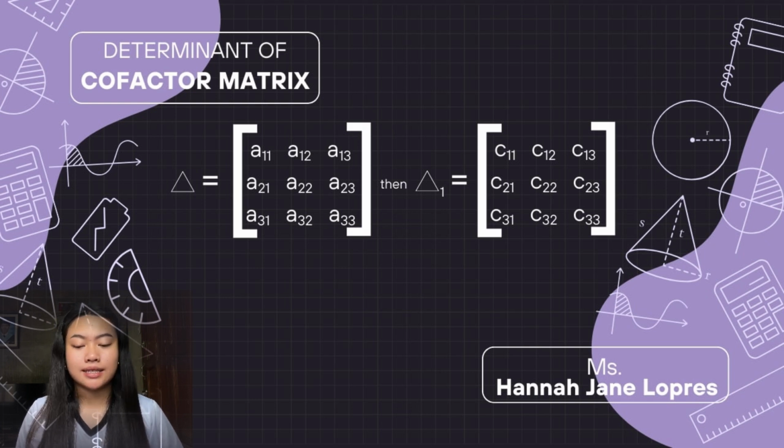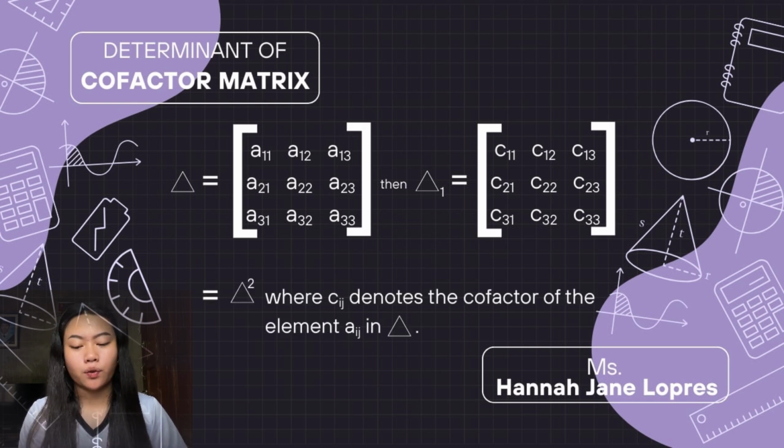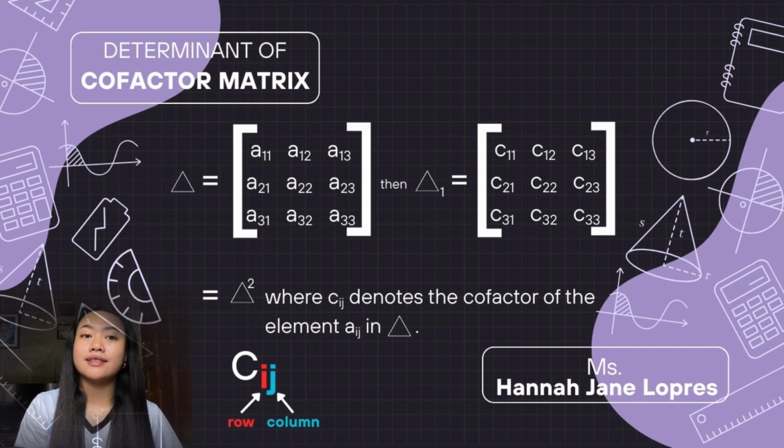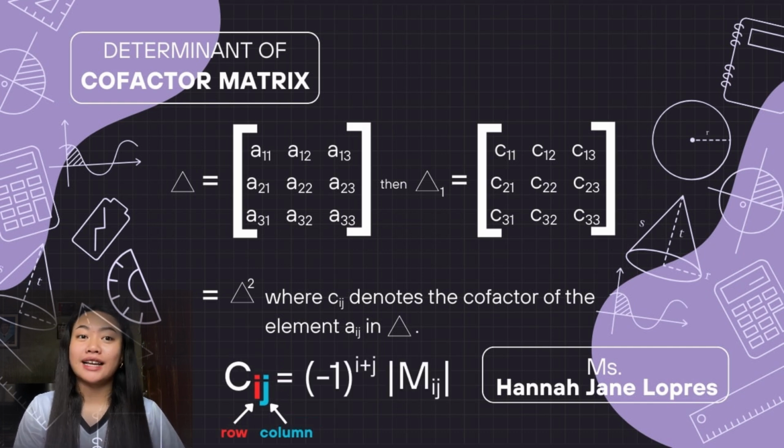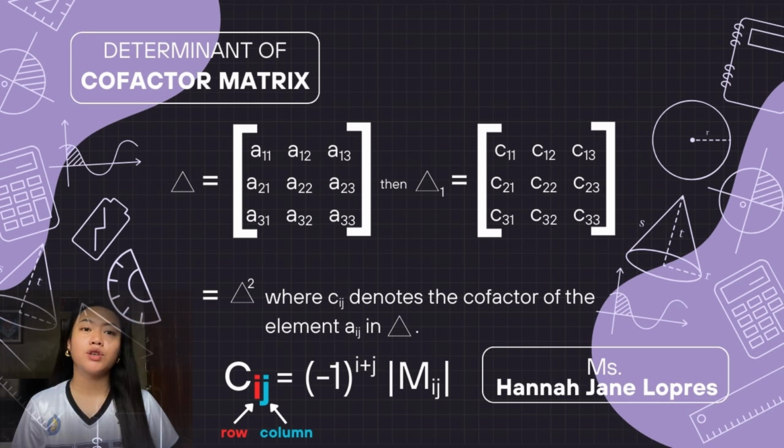Okay, so its determinant equals the determinant of A squared, where C sub ij denotes the cofactor of the element A sub ij in matrix A. For those who are not familiar with this, in C sub ij, the i represents the row, then the j represents the column. So this is the formula to get the determinant of the cofactor matrix. I'll just attach the process of getting the cofactor of a matrix.